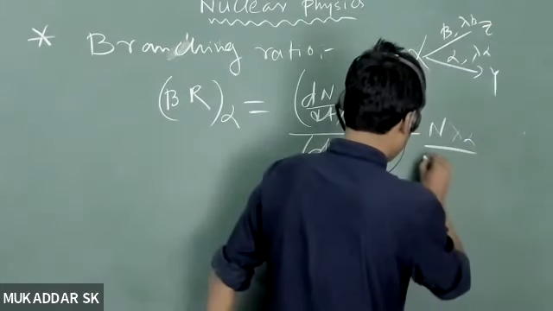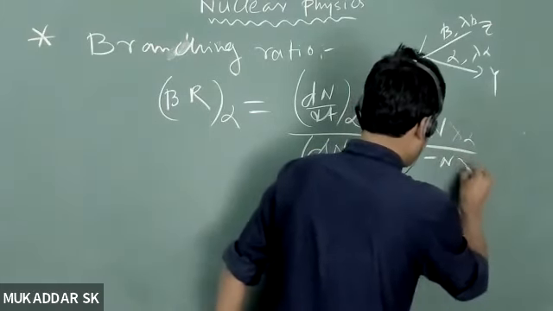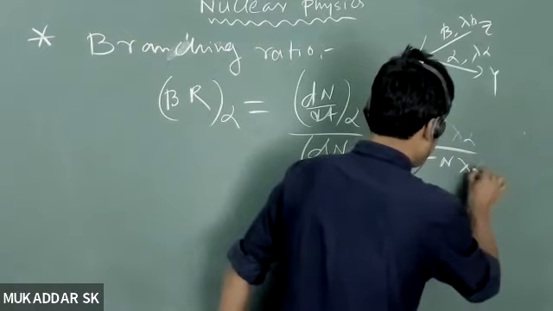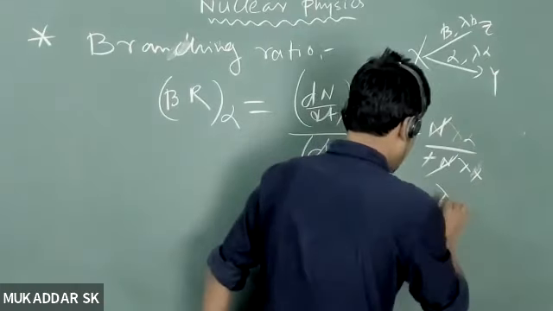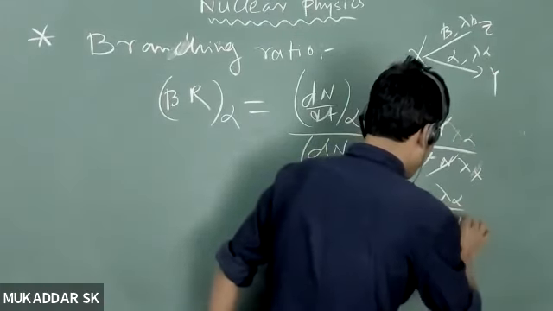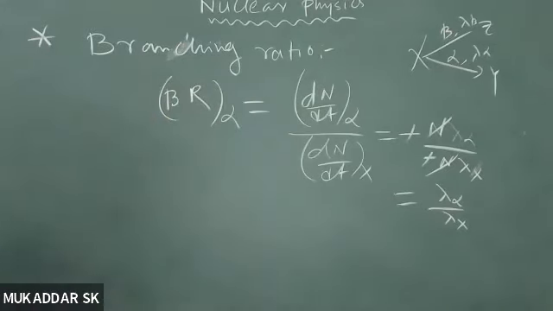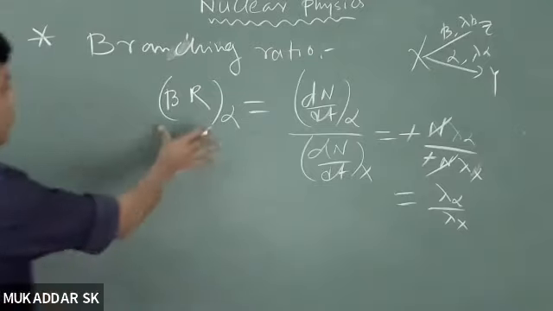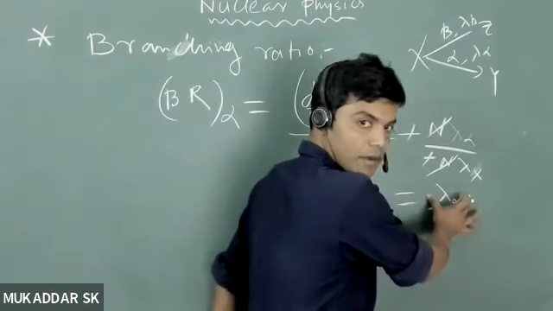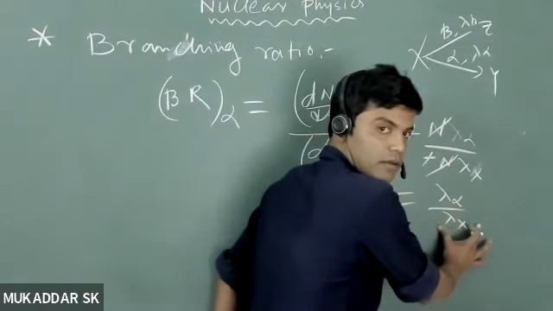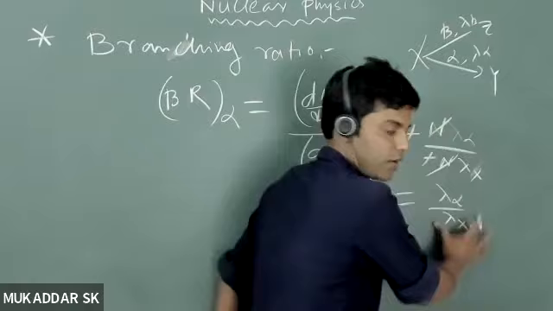And the total will be minus N into lambda X, the total decay constant. N will be cancelled, minus will be cancelled, and I'll get lambda alpha divided by total decay constant. So branching ratio for alpha decay will be decay constant in alpha decay divided by total decay constant of parent nuclei X.